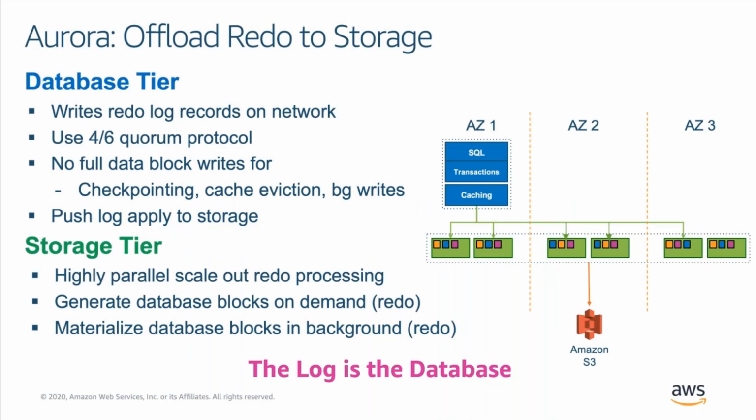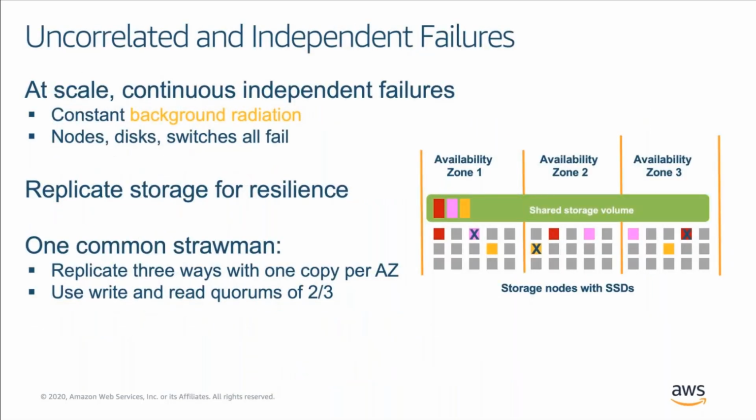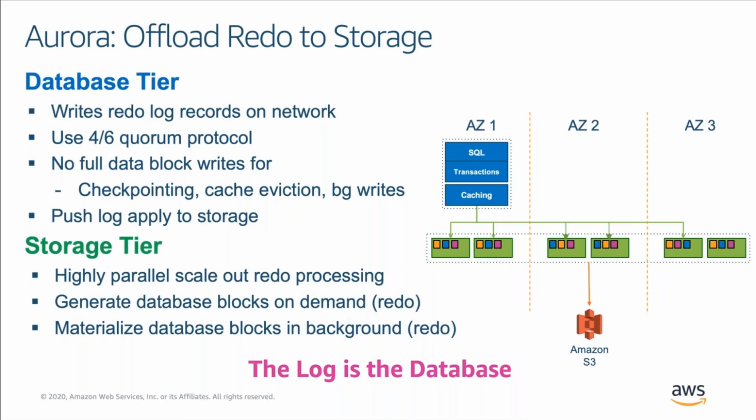Now, Aurora is a database service that we have built to address this fundamental bottleneck in the network. We offload redo log processing to storage in Aurora, and we have two tiers, a database tier that looks like a traditional database, and a storage tier which looks very different than any storage system which has been built for databases.